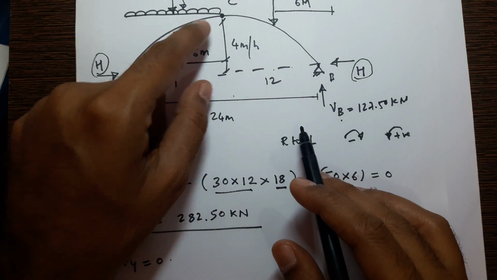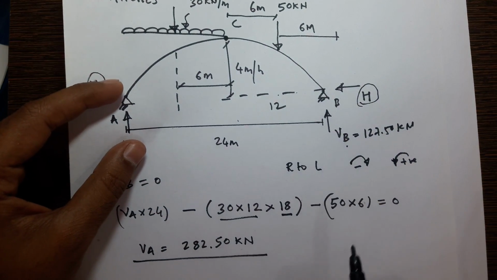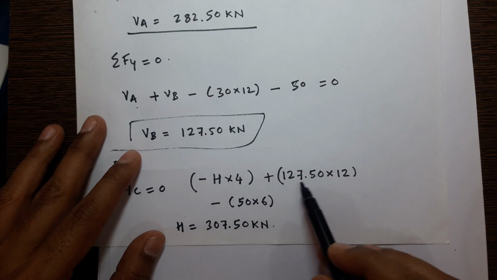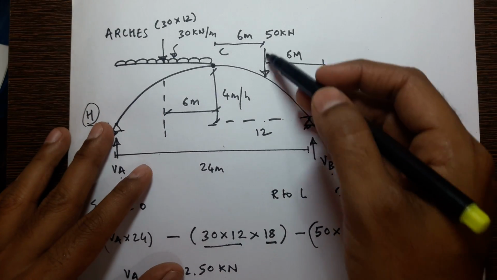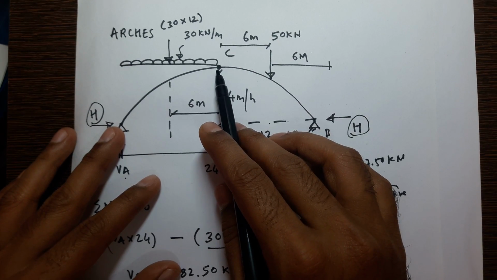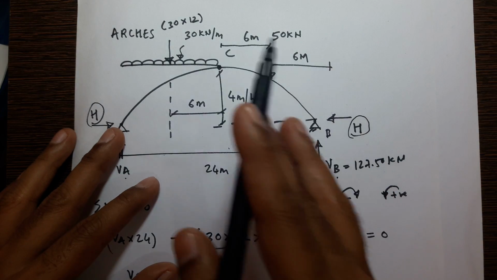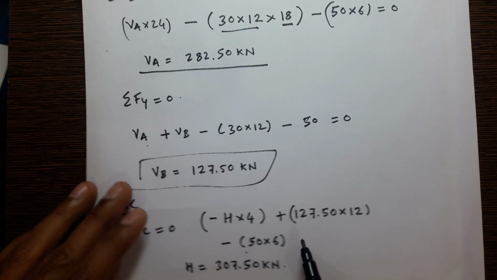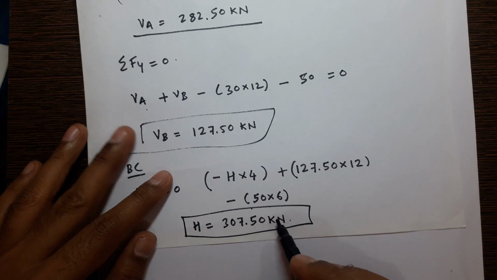VB into perpendicular distance from C is 12 meter, and this VB creates anti-clockwise moment with respect to point C. So that's why VB will be positive here, and this 50 kilonewton, which has 6 meter perpendicular distance from C, will create clockwise moment. We are following a direction, and by that direction clockwise moment is negative. So H you will be getting 307.50 kilonewton.